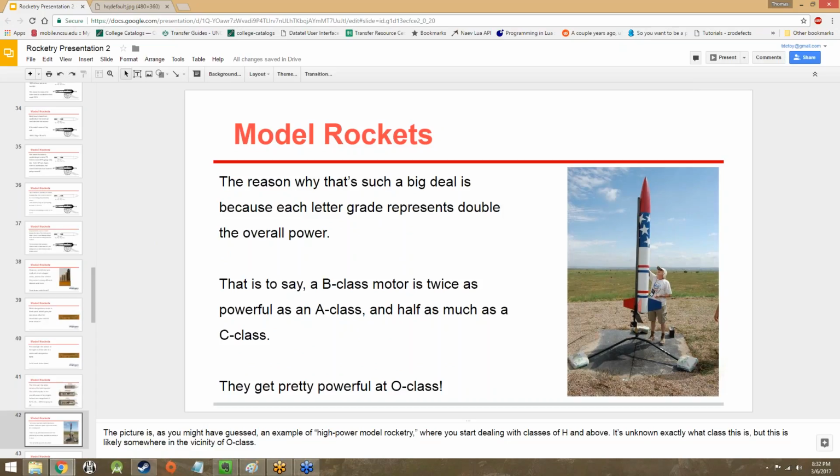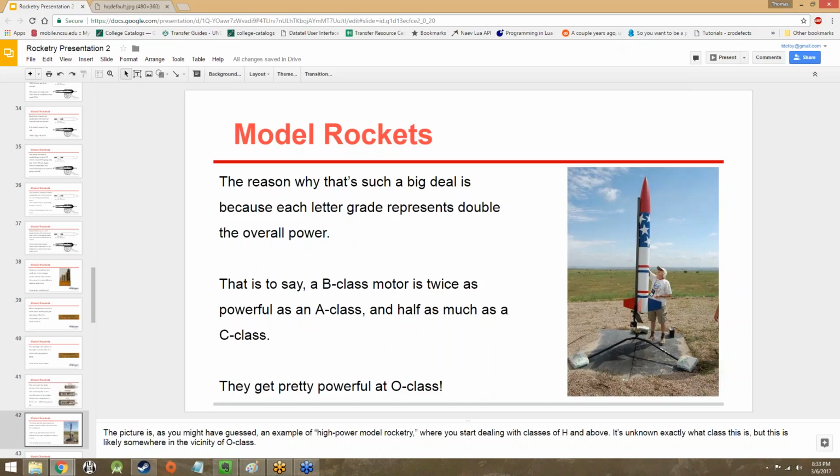Each letter grade represents double the overall power. So an A-class motor is a certain amount of power. A B-class motor is twice that power. A C-class motor is twice a B. A D is twice a C. E is twice a D, so on and so forth. So at O-class, you're talking really super powerful motors. In fact, everything H-class and above is referred to as high-power model rocketry.